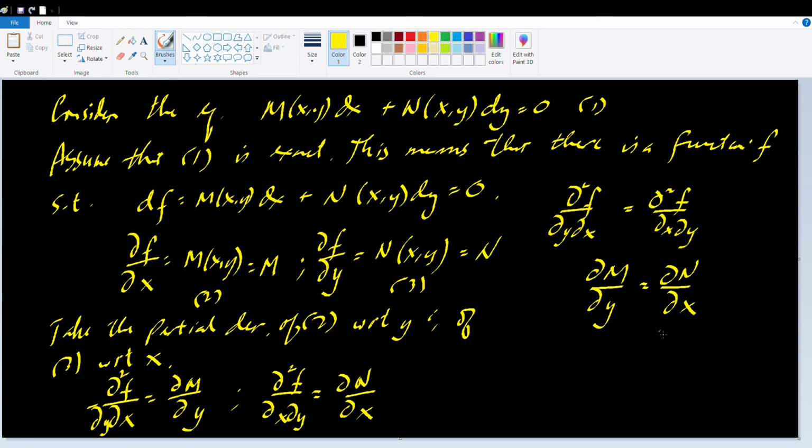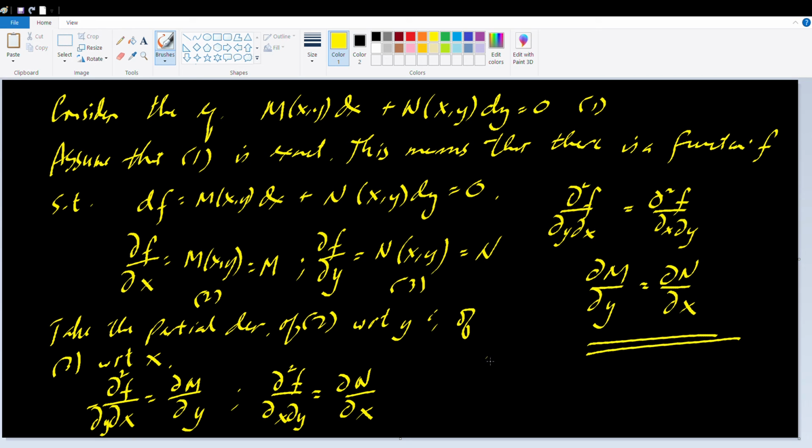What we have just established is a necessary condition for equation 1 to be exact. That is, when equation 1 is exact, then the partial of M with respect to y must equal the partial of N with respect to x.